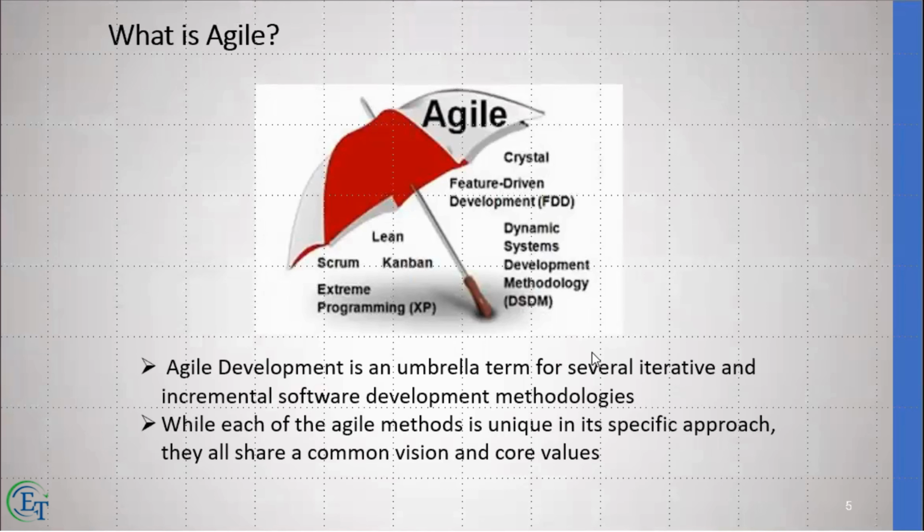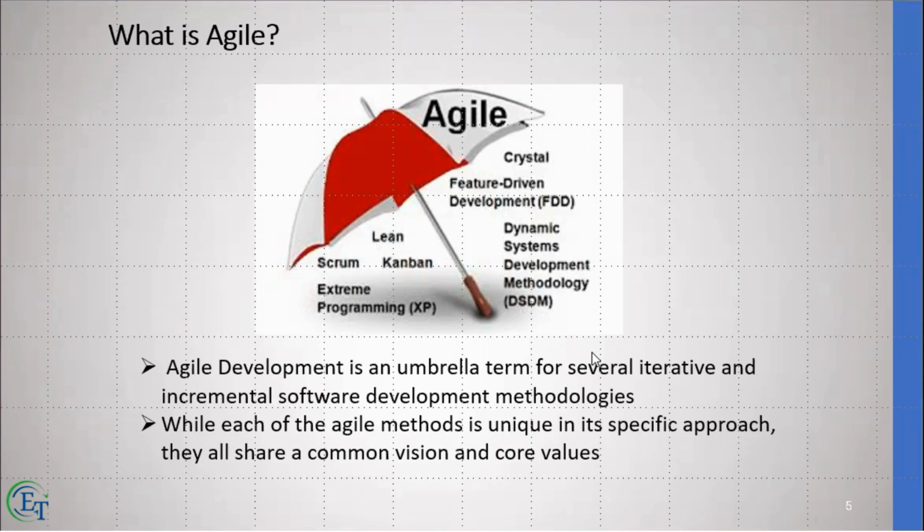So what does the Agile umbrella encompass? Agile development is an umbrella term for the several iterative and incremental software development methodologies that you see here on the screen. Things like Lean, Kanban, Scrum, Extreme Programming, Paired Programming, Crystal, Feature-Driven Development, Test-Driven Development, DSDM, all these are flavors of Agile. They fall under the Agile umbrella.